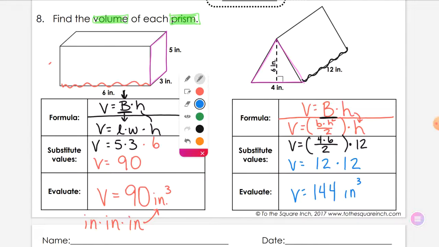Once you get that copied, I want you to flip the page and circle which shapes are prisms. Circle which shapes are prisms. Because this formula works for all prisms.